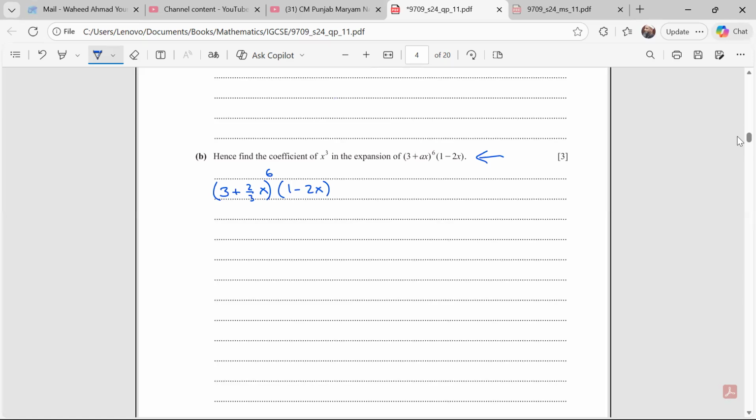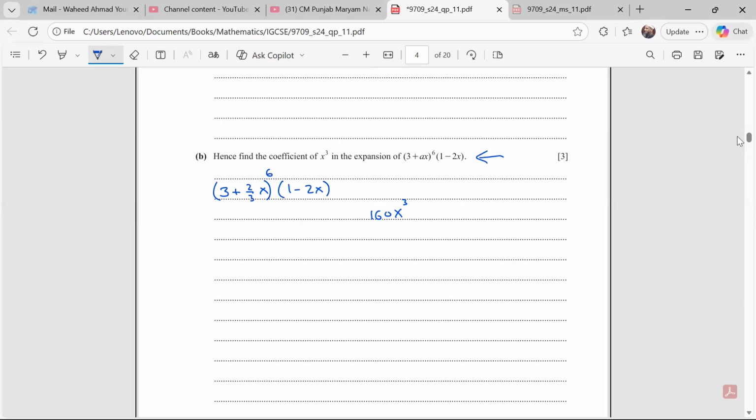When the term with x^3 multiplies with 1, I will have x^3. And I know that term is 160x^3 when r was 3. So 160x^3 multiplied by 1 will be 160x^3.